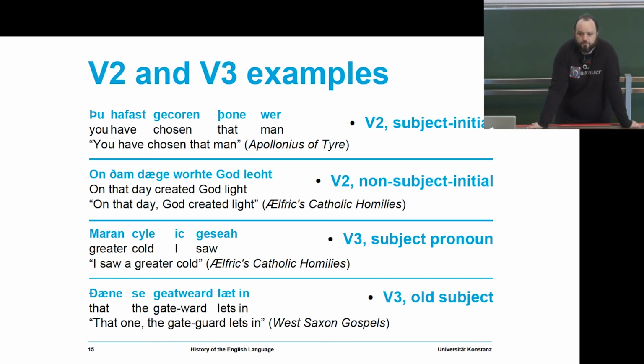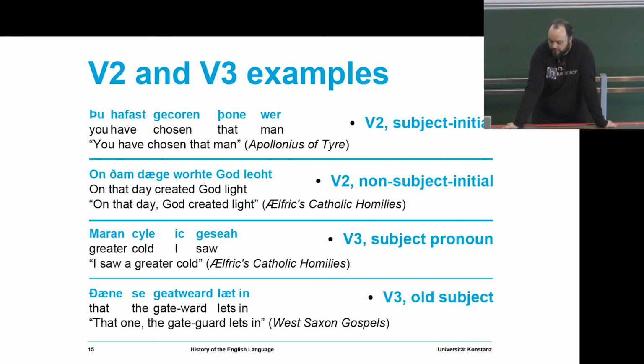It's something that has been mentioned in the preceding discourse. So that's why we can get away with breaking the verb second rule in this specific case. Because if you see here, mar and chile is one constituent, ich, the subject pronoun, is another constituent, and then you've got the finite verb after that. So the verb is in third position.